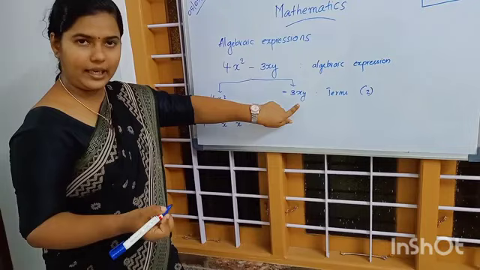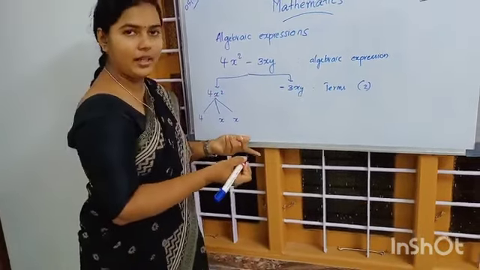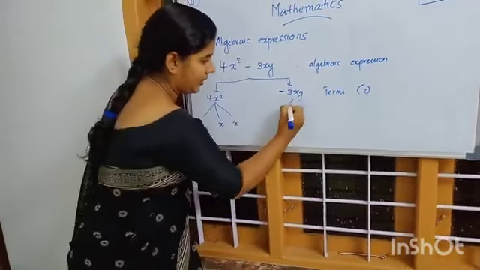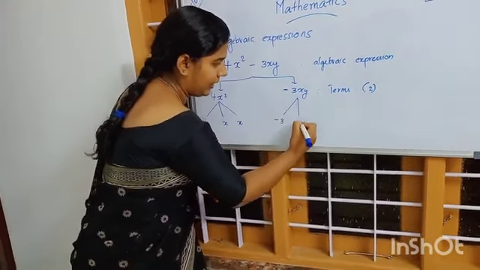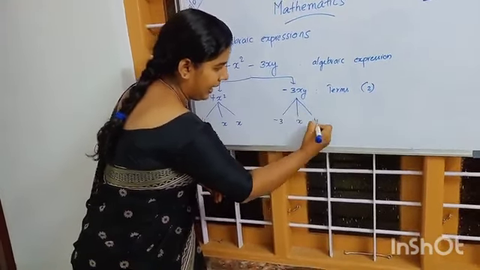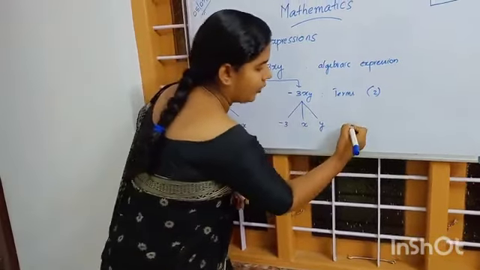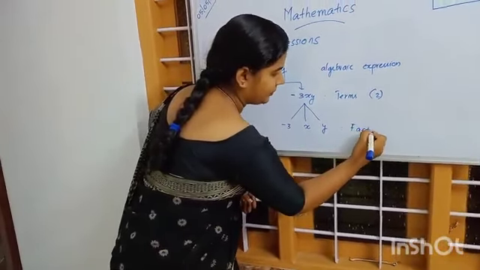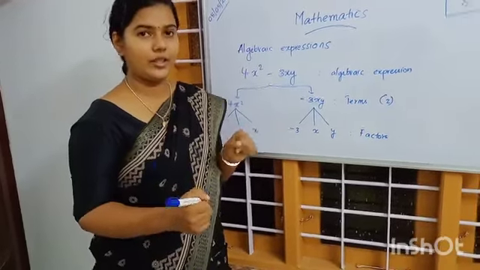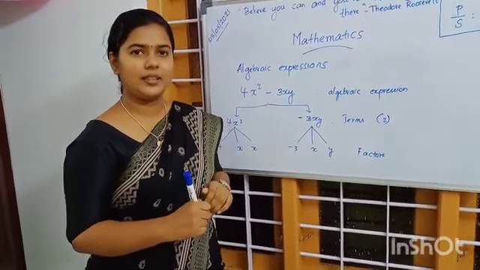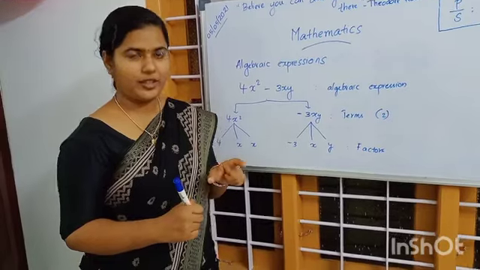Coming to the second term, how many factors are there? Yes, we have 3 factors and they are negative 3, x and y. And these constitute factors. Correct? Then you have learned one more term. What is that? Yes, it's coefficient, correct?